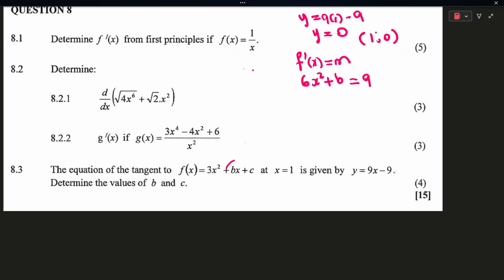Why is it 9? This is the gradient. y equals mx plus c, so this is m. You see? That's why we replace it there. Now, where there's x, we put 1. So which simply means that b is 3. Get the point? Because this 6 will come and subtract this side. So now we have b.